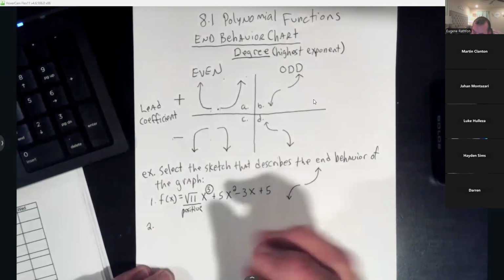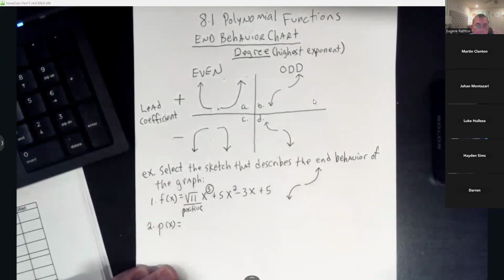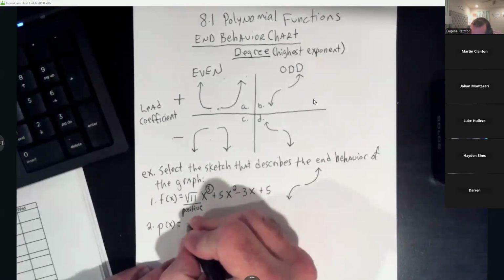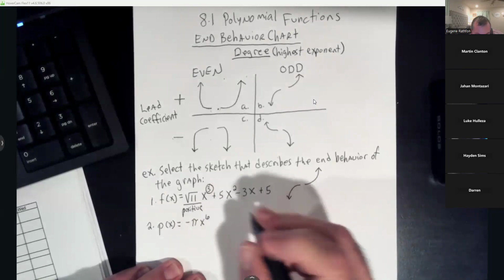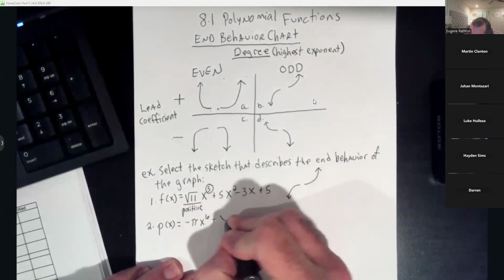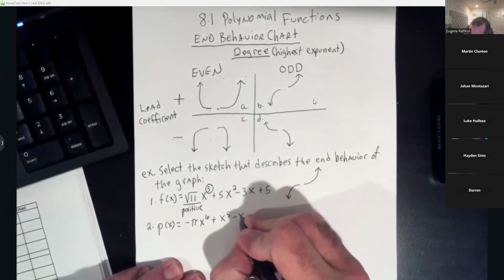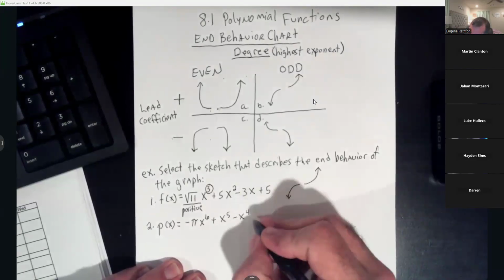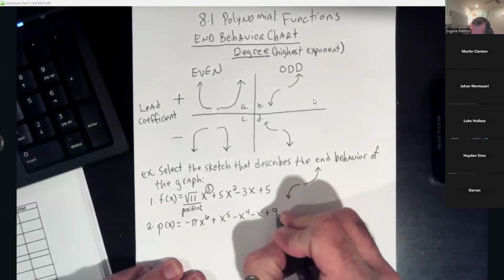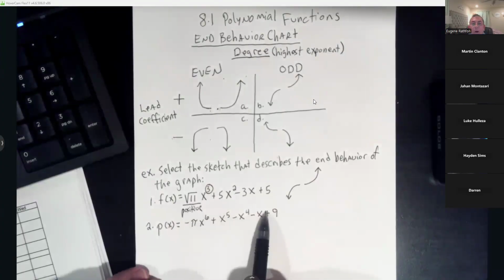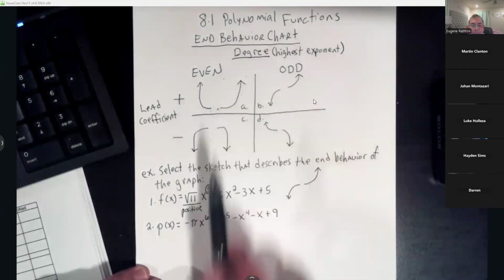All right, y'all. So the next one, P of x equals negative pi x to the sixth plus an x to the fifth minus an x to the fourth minus an x plus 9. So y'all, these look long, but that's what polynomial means. Many terms.